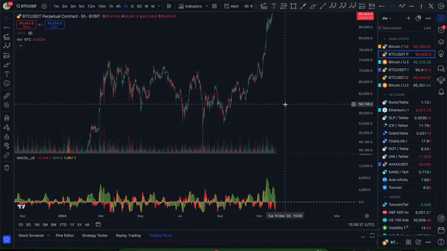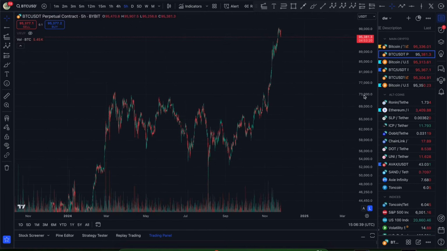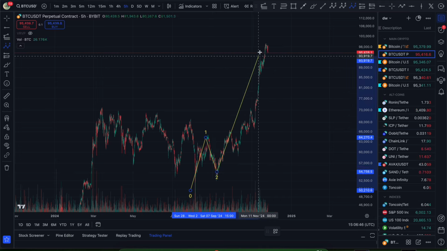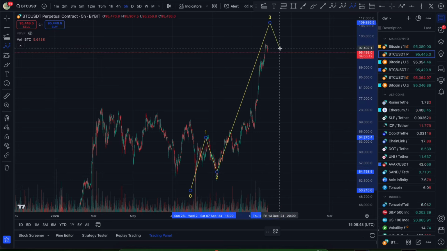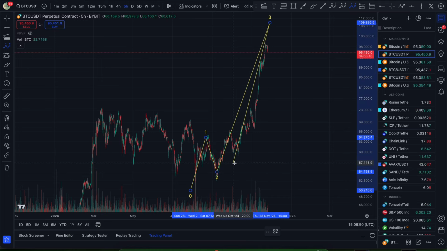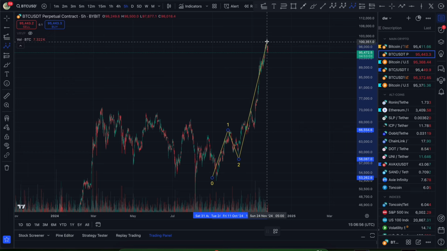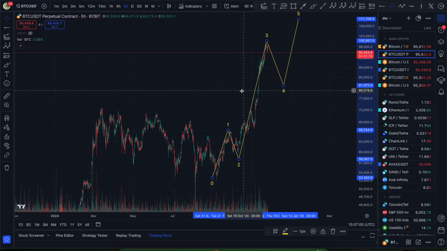Because here we can see by Elliott waves, if we break down this one as wave 2, we are in the third wave over here, right? This third wave also has a 5-wave impulsive structure. So let's break it down. Here's subwave 1, subwave 2, and right now we had this subwave 3, and we are expecting subwave 4 and subwave 5.